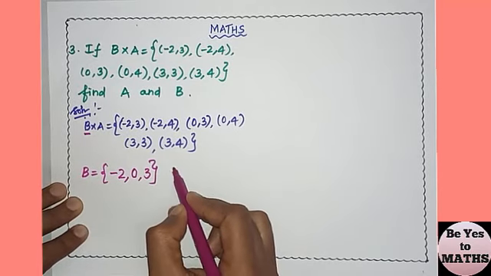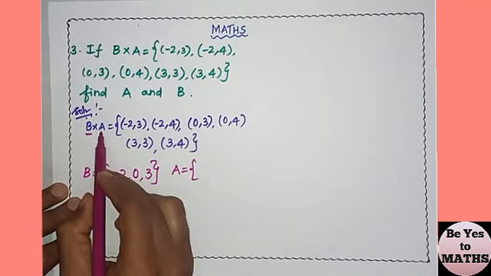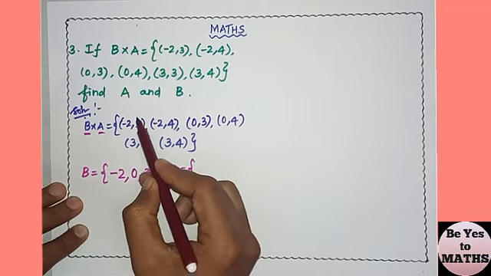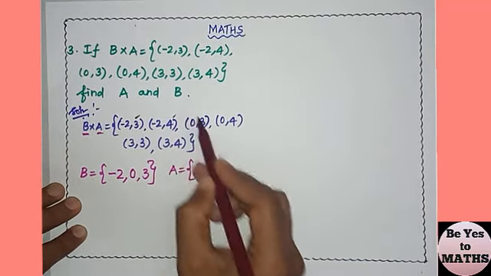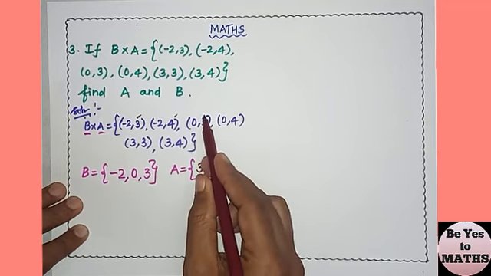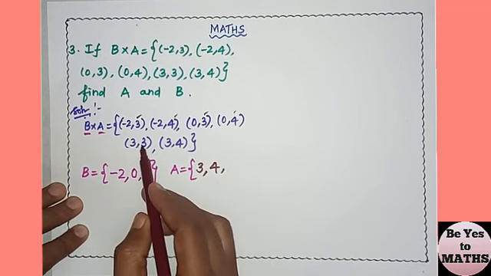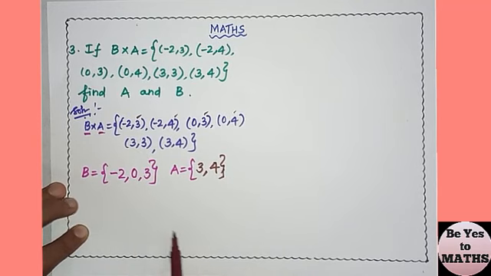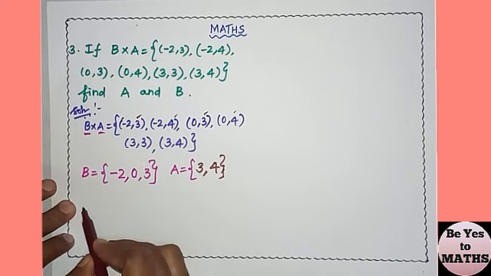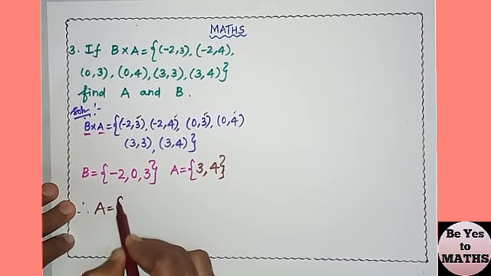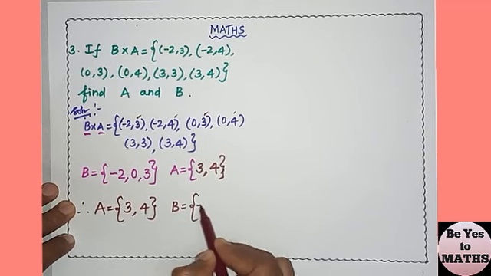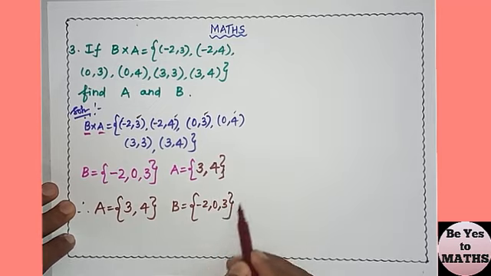This is set B. Now set A. Set A, the elements which appear as second element. Here 3, 4, 3 already we have written, 4 already written. So 3, 4. The question is find A and B. So A is {3, 4} and B set is {-2, 0, 3}. Very simple question.